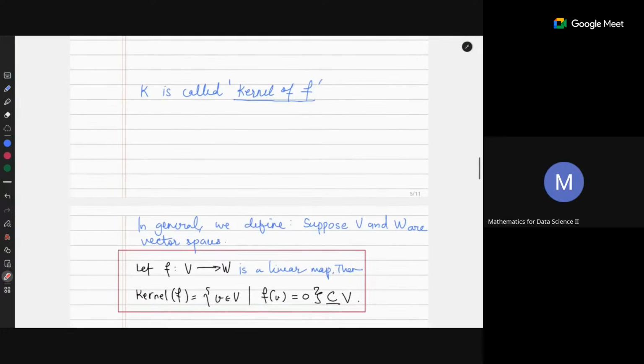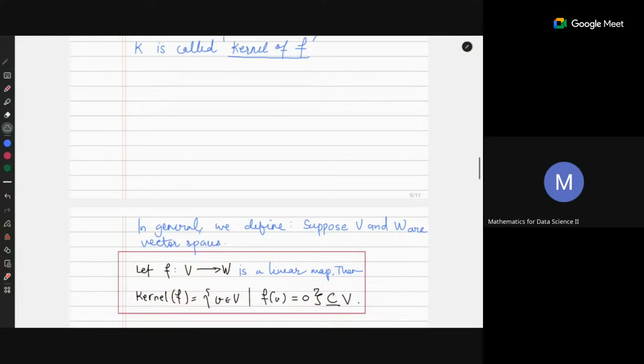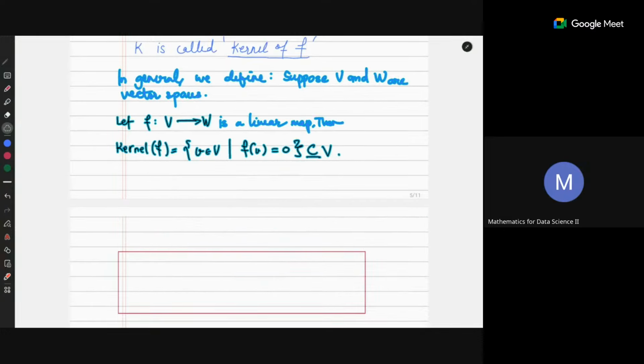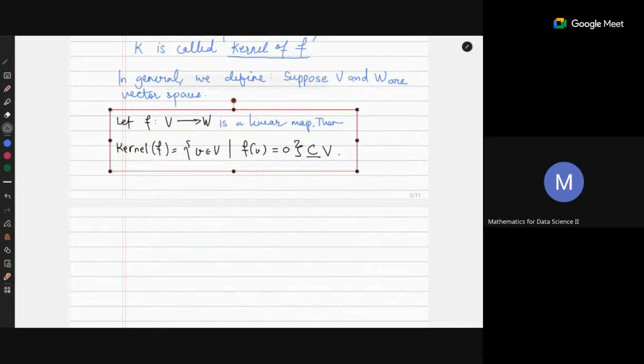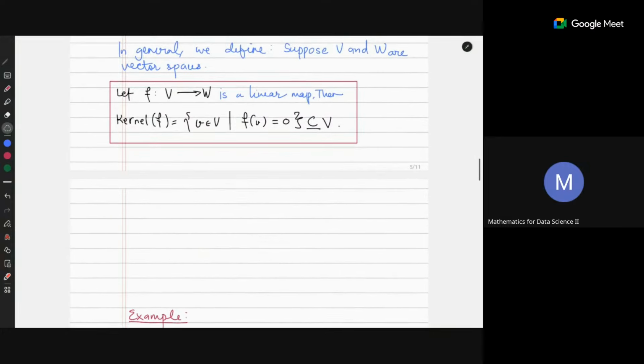Okay, how do you see that it is a subspace? So, in general, let me shift this a bit up. Yes, Chetan.